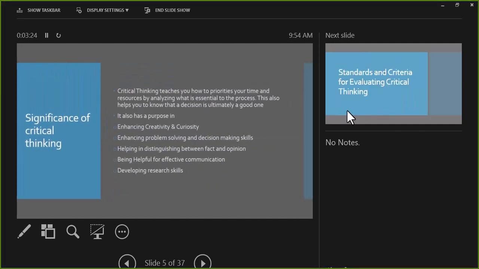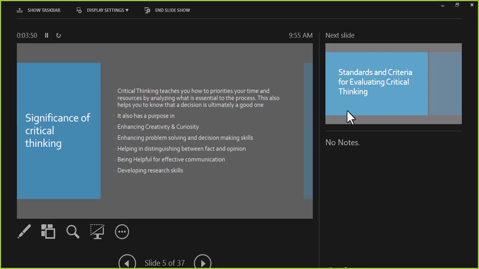And what is the importance and significance of critical thinking? It helps to prioritize time and resources more effectively by analyzing what is essential to the process that we're using it on. It also helps us to make informed decisions and decide whether a decision is ultimately good or bad, because the quality of our life is largely dependent on the quality of our decisions.